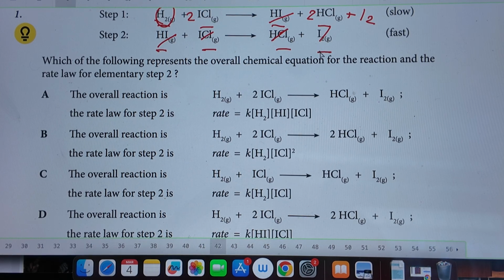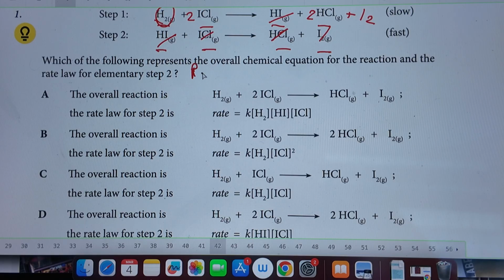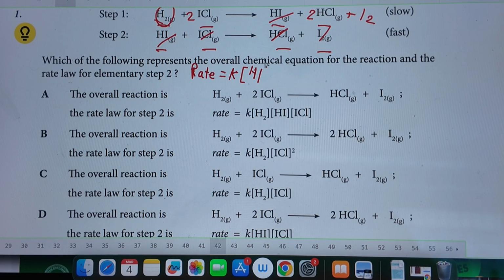And then if we're looking at the rate law, we have rate law is K, and then we have HI and ICl, because HI and ICl are what lead to the reaction for step 2. Those are reactants.